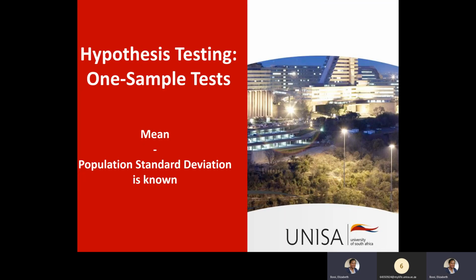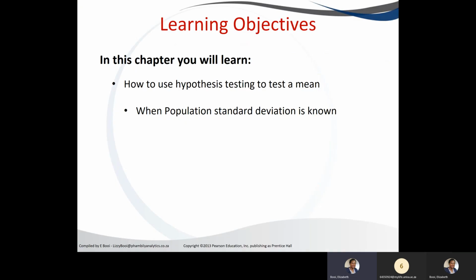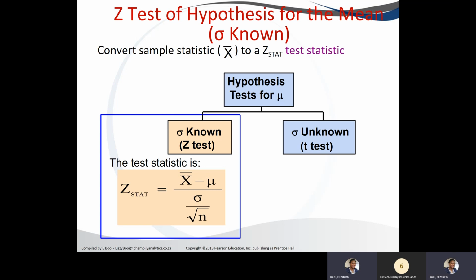Let's look at an example. We're going to look at how we do hypothesis testing when the population standard deviation is known. This is hypothesis testing for the mean. For now, we're going to concentrate on when the population standard deviation is known, then we're going to use the test statistic, which is the sampling distribution formula.